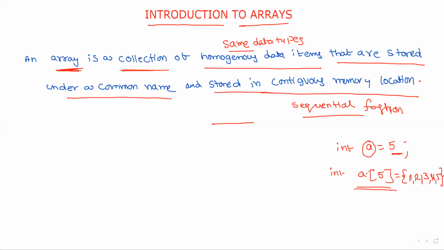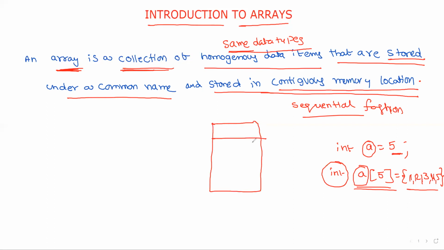Here, what is the meaning of this one? Array is a collection. So, I am assigning 5 values of same data type. So, all the 5 elements are of integer data type that are stored under a common name. So, the name of the array in this example is A, and stored in contiguous location. Contiguous location in the sense like this.